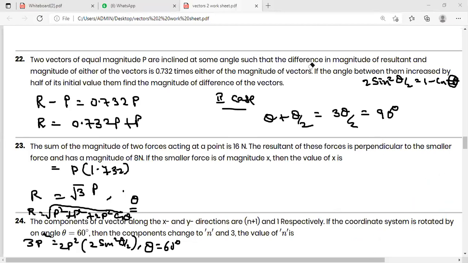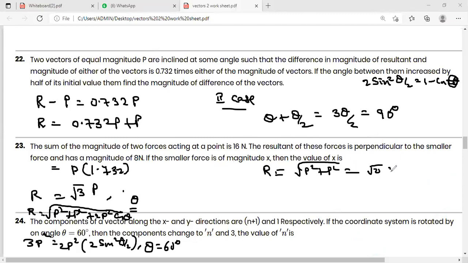Okay, if theta is 90 degrees, what they're asking is R minus P only, the magnitude of the difference of two vectors. What is the resultant here then? Resultant will be root over P square plus P square. How much will it be?